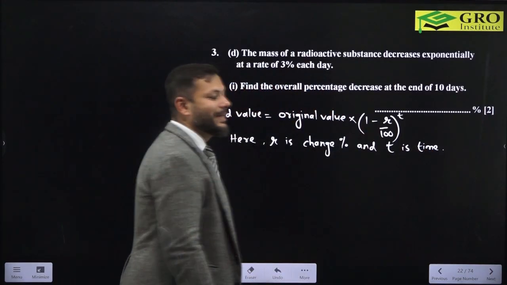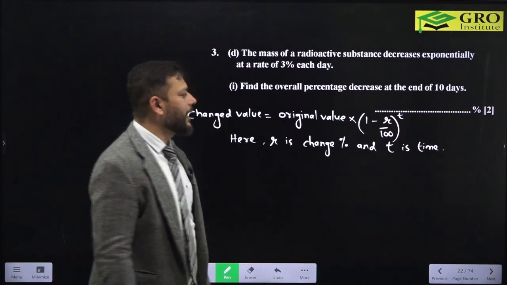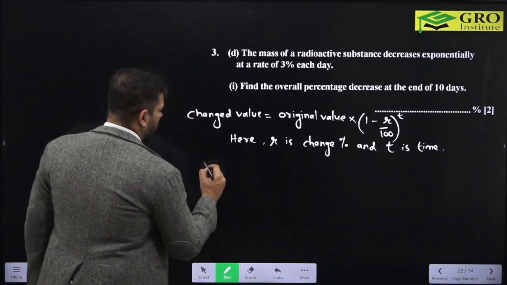Okay, here it is in terms of days, so it will be 10 days. So let us write the values.